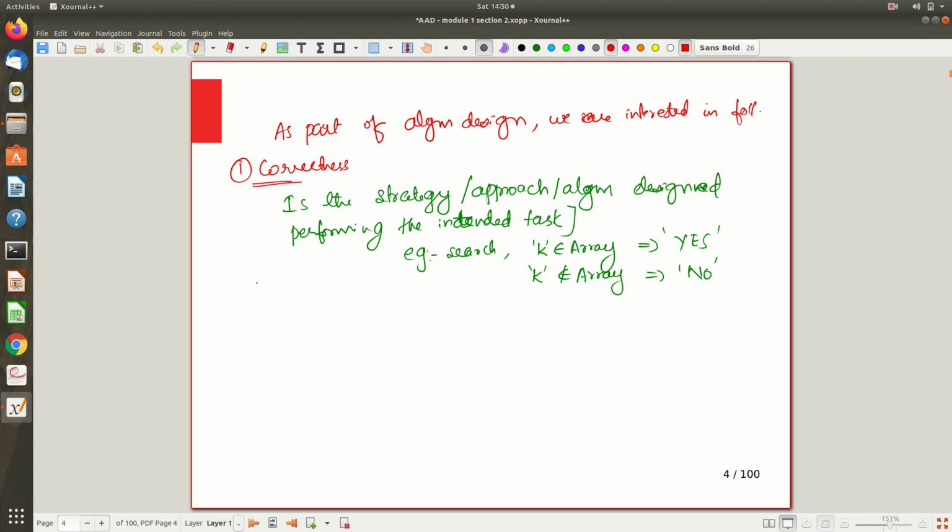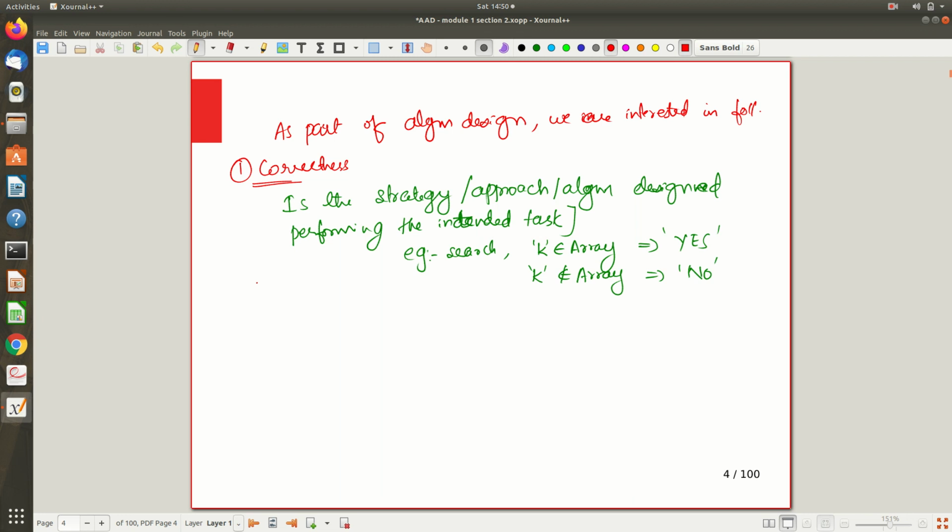So that is one part, but in our course we are not looking at how to show that a given algorithm is correct. That is something you are supposed to think about when you are proposing a new algorithm. In our courses, we are studying many algorithms proposed by other people, right? So at that time you don't have to think about correctness. Someone else has already shown its correctness.